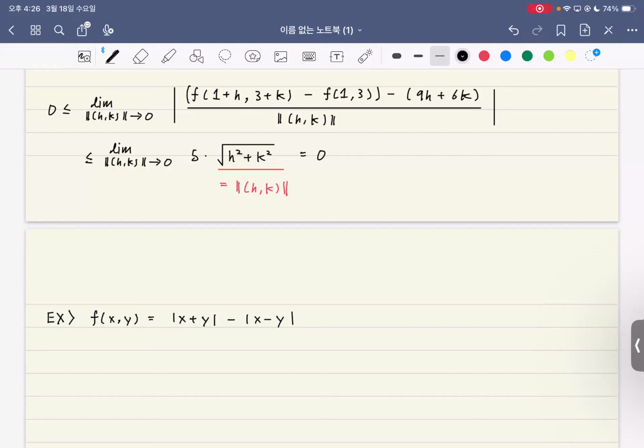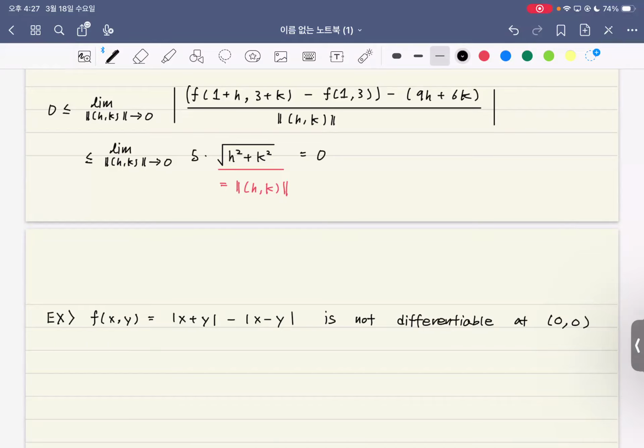I have another function. So it looks like this is a two variable function, and its output is just one real number. So this is a function from R2 to R. And I want to show that this function is not differentiable at the origin.